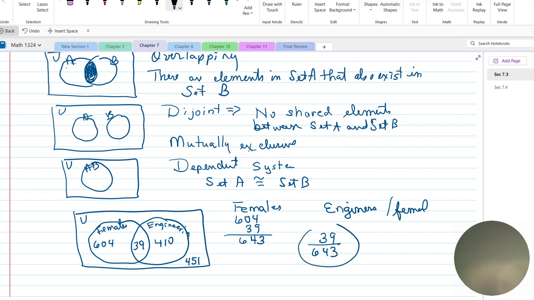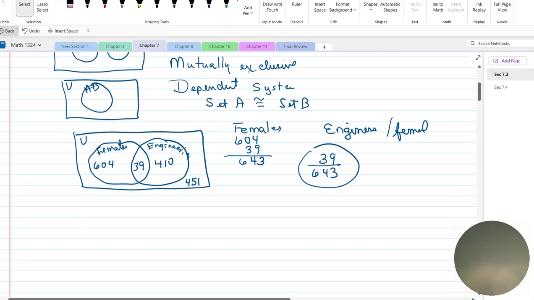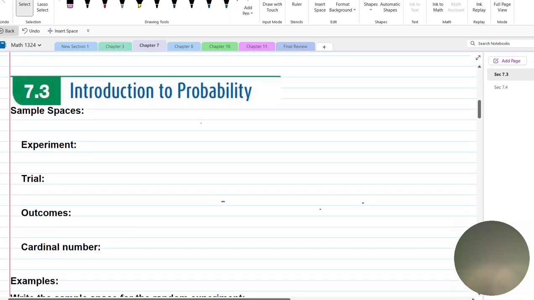And what we have here is the distinction of a percentage of how many females in this particular study, and maybe it was at a university, and they could say, okay, now we know there's 39 out of 643 females in the engineering courses. And that's a probability of a specific subgrouping in the study. So now we're getting the introduction to probability.